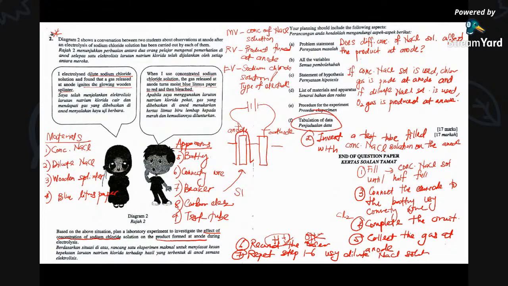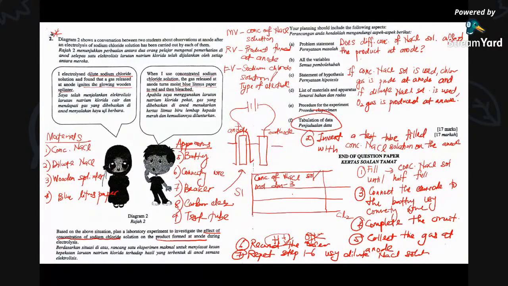Then the last one is tabulation of data. So based on your variables, you put in the tabulation of data. So draw a table, so you know your manipulated variable is the concentration of NaCl solution. So you can write down over here, concentration of NaCl solution, in mole per dm cube.